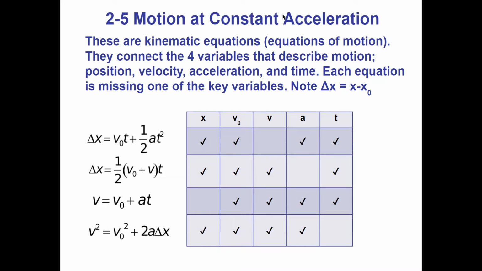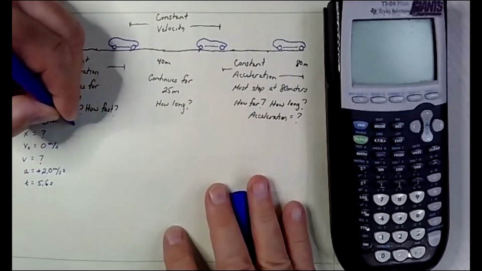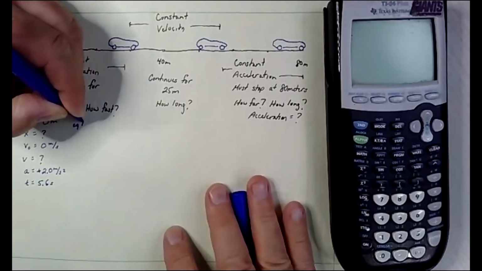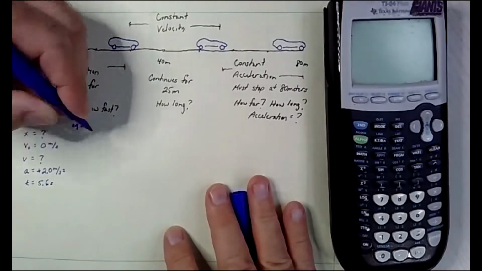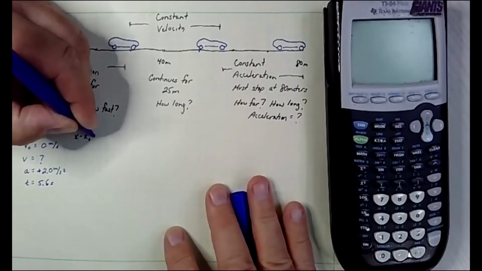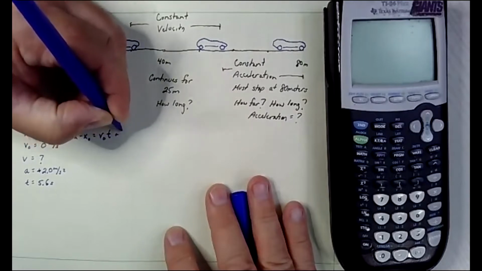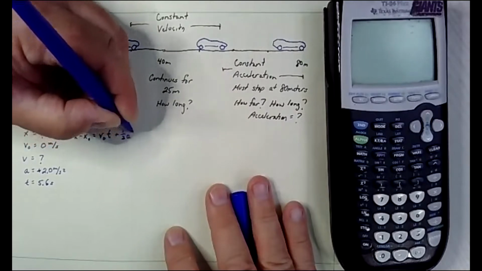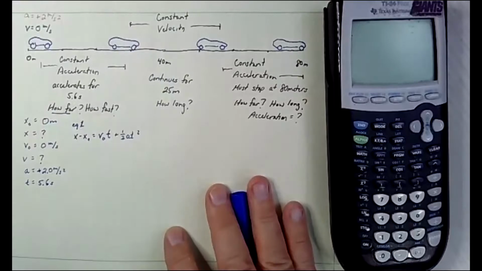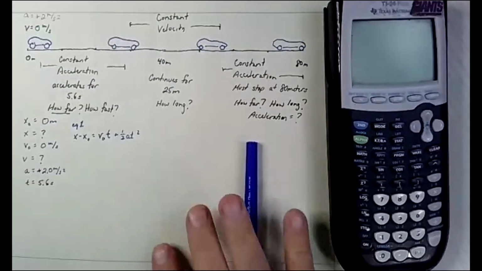So we're going to use equation number 1. So EQ1. So delta x, which is x minus x0, equals v0 t plus 1/2 a t squared. Okay, well, there's some things that are 0, so this is going to simplify.